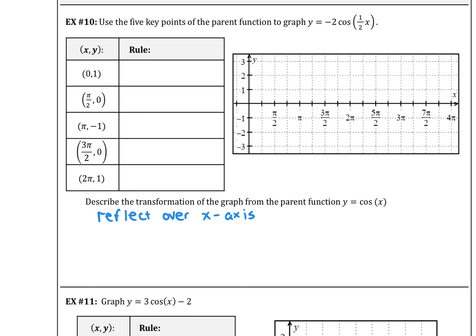That's the negative out front. The 2 is a vertical dilation by a factor of 2.